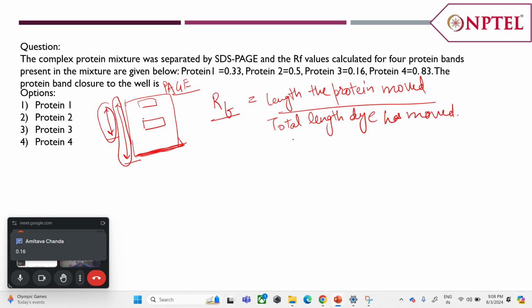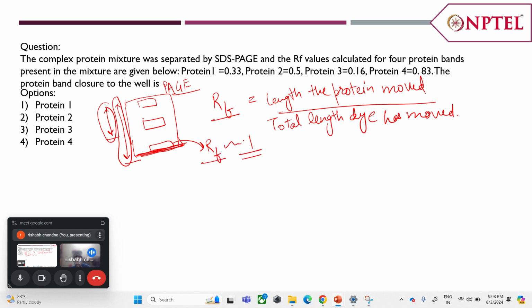So to answer these kinds of questions, if we see a protein here, the RF value for this particular protein would be near to 1, because the dye front is here and the protein has moved up to here. So it will be near to 1. So this particular protein, protein 4, has moved the farthest in the gel.